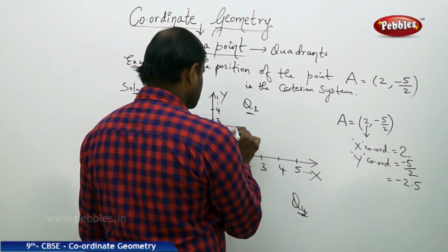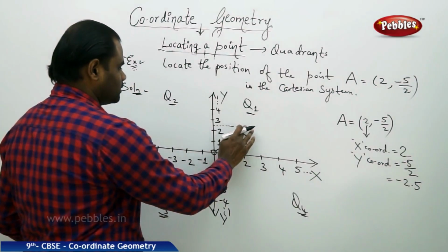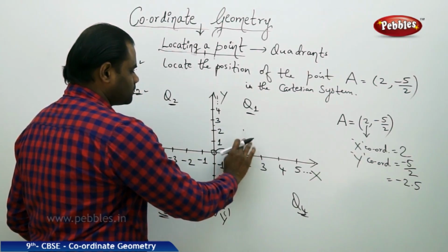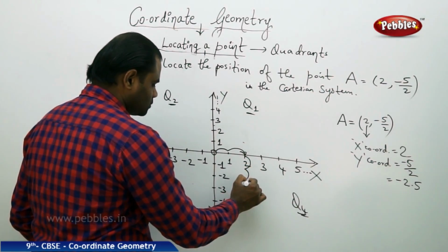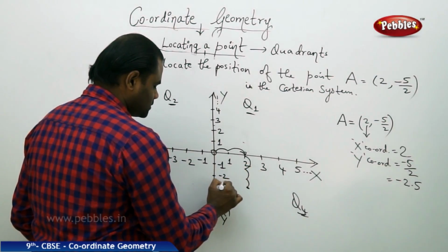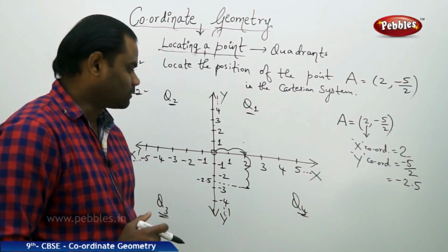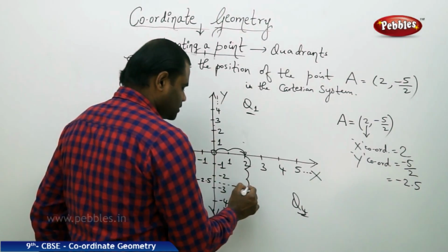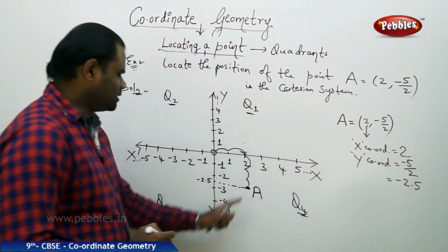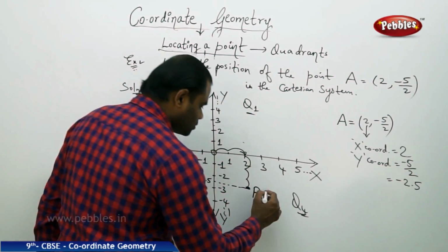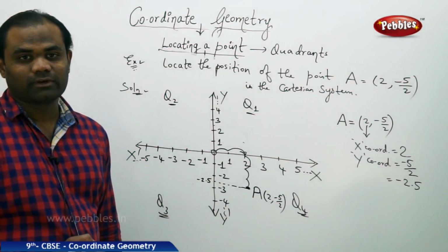Oh, this would be in the down. So I have this moving 1, 2, 2.5. So I have this exactly moving at negative 2.5. Therefore, I have my point which is now located at this. My point A is out here, which is 2 comma minus 5 by 2 or minus 2.5.